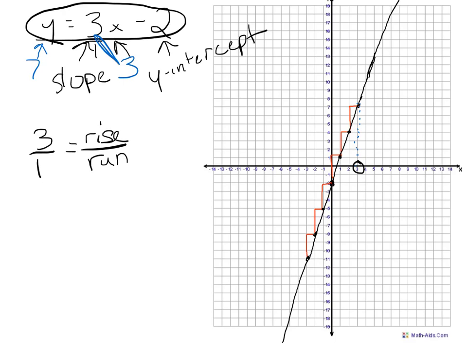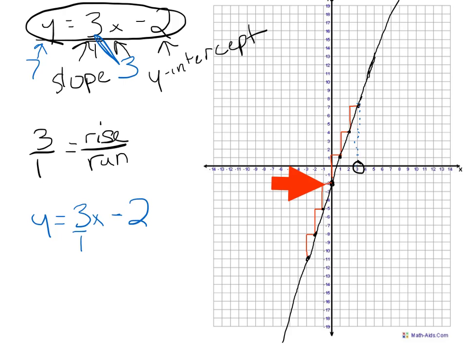But the main thing is being able to understand this. That I can see y = 3x - 2. That this -2 is where, right here, it hits that y-axis at that -2, and then the 3 over 1, that's a rise of 3, a run of 1.